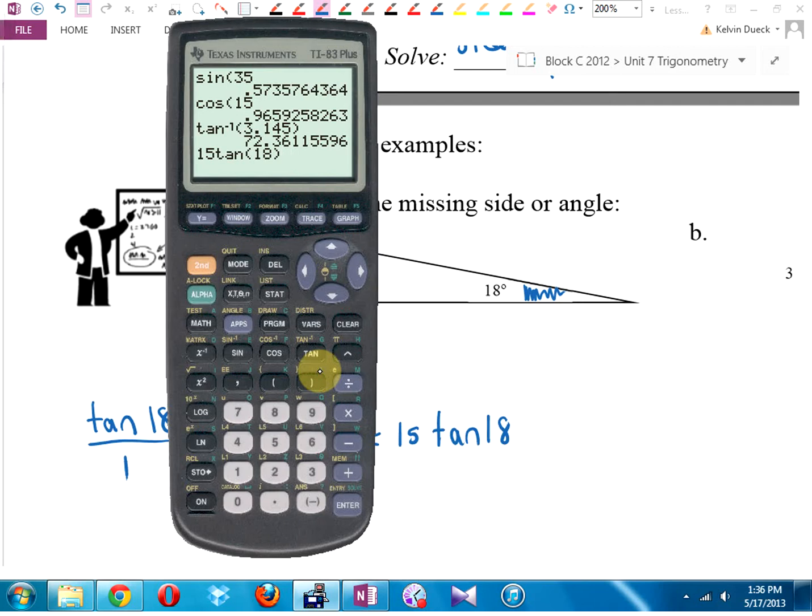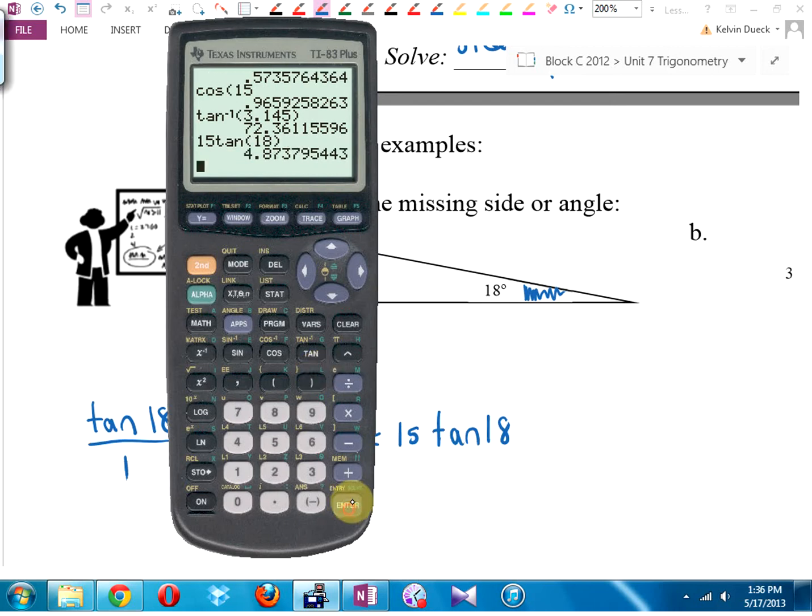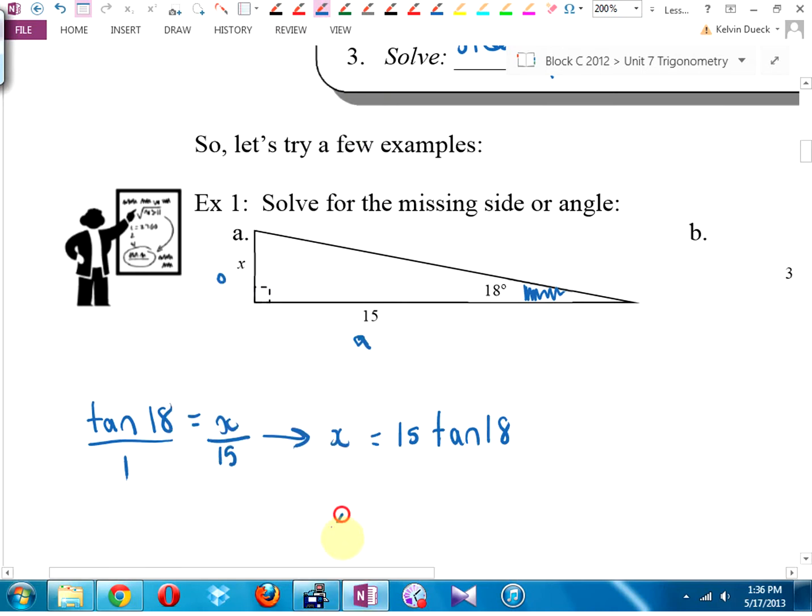Just figure out how yours works, and this is why Curtis and Greg have been saying, bring your own calculator, please, and get used to how it works, because I will not, on the day of the test, teach you how yours works. Instead, I'll just laugh at you. Do we all get 4.87? Ta-da! Found the missing side.